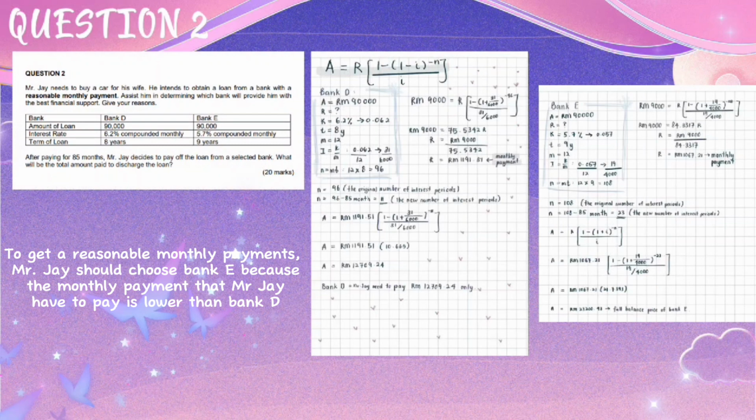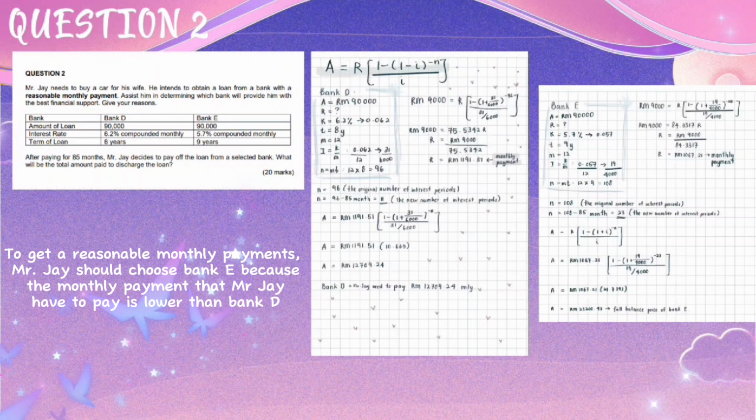Lastly, we use the same formula as above, but we replace R with 1,191 ringgit 51 cents, and we get the new present value, which equals 12,709 ringgit 24 cents.